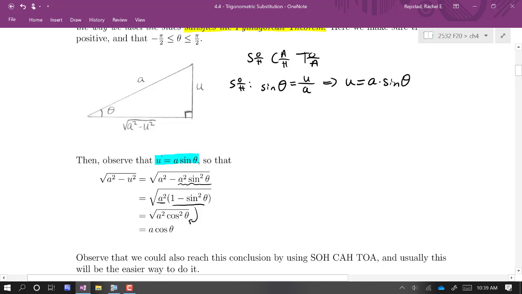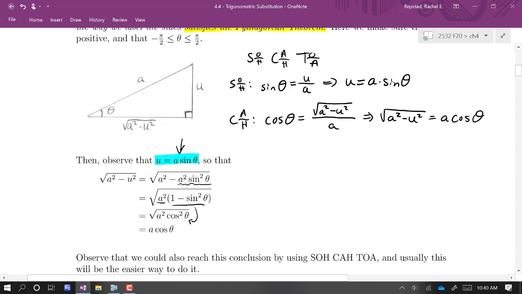I don't have to remember what kind of substitution to make. This right here doesn't have to come out of the blue. It just is tied directly to the triangle, and using SOHCAHTOA. Similarly, if I use the cosine part of SOHCAHTOA, I get cosine theta equals, let's see, adjacent over hypotenuse is the square root over a, and so that means that the square root of a squared minus u squared is equal to a cosine theta.